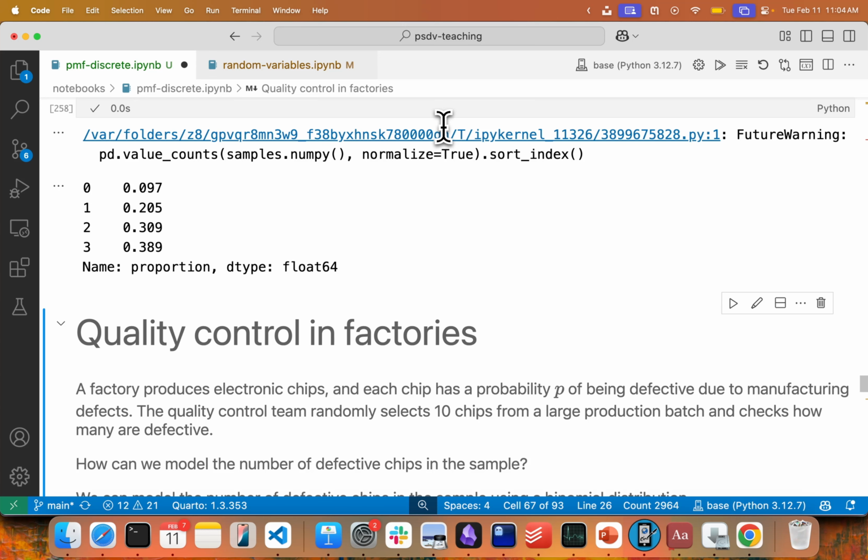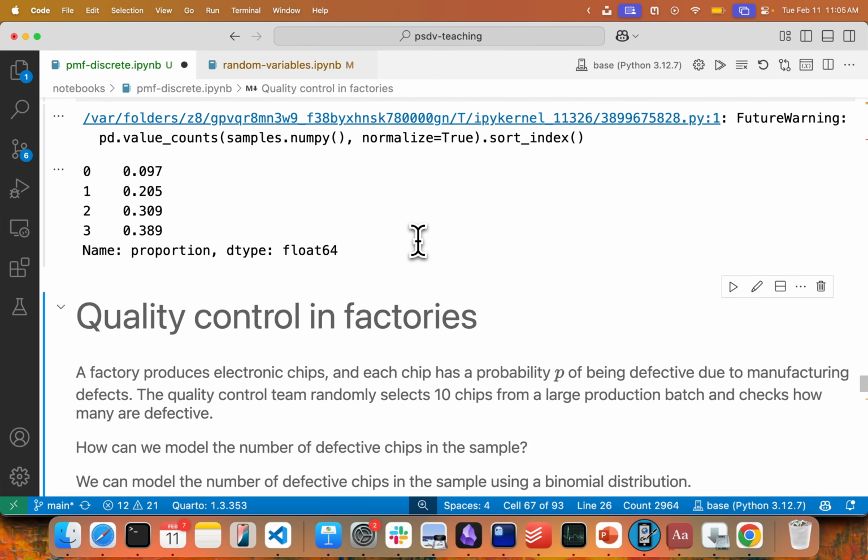Okay, answers. How would you model this? Binomial. How many say binomial? How many say Bernoulli? How many say categorical? Can you have categorical? Because you are getting 1 through 10? No. So we want to model the number of defective chips.